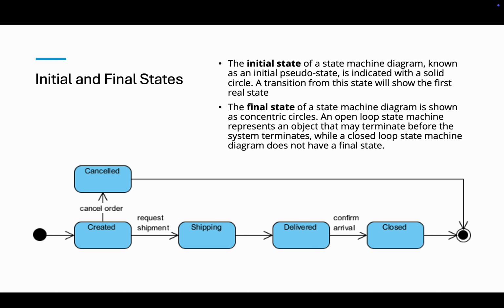It's also a termination. So some state machines will never terminate. They will always return back to an initial state, or all routes through the state machine will eventually become a continuous loop or a closed loop. So in an open loop finite state machine, there is a final pseudo state.